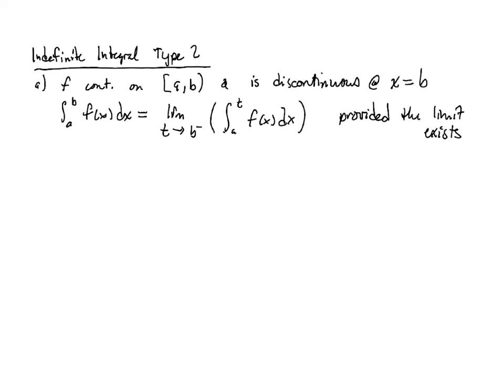And again, we use the terminology of convergent if the limit exists and divergent if the limit does not exist.